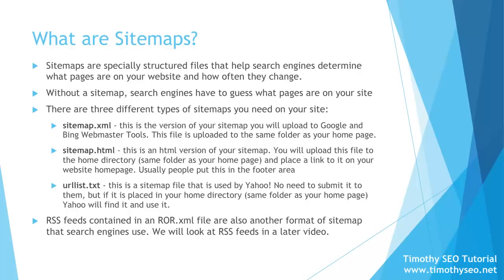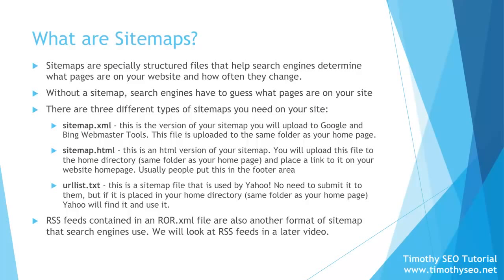So you need a urllist.txt file. Unlike Google and Bing, you actually don't need to submit this to Yahoo. When you suggest your site to Yahoo or register your site with Yahoo, they will just come to your website and find the urllist.txt.